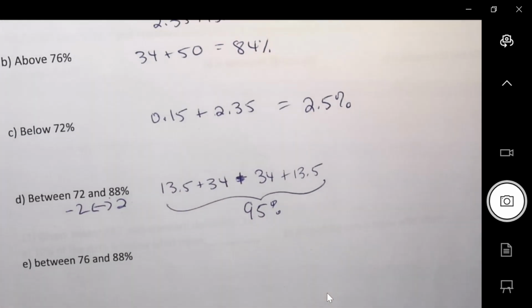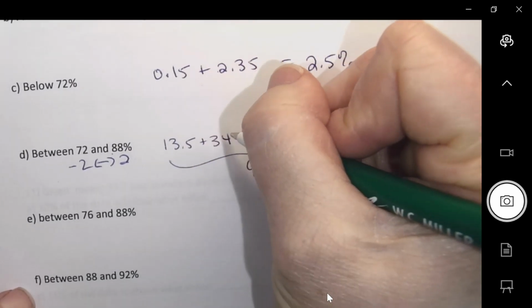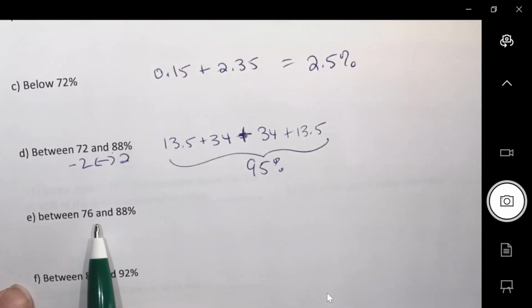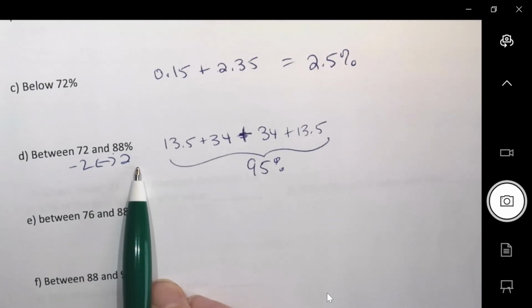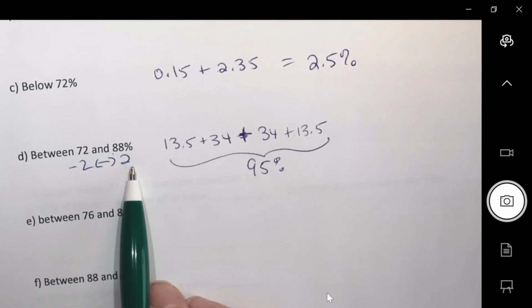So the next one, you could have added the 4 sections up, or you could have just understood it was the -2 to 2, which is, boom, just 95. That's the big rule.